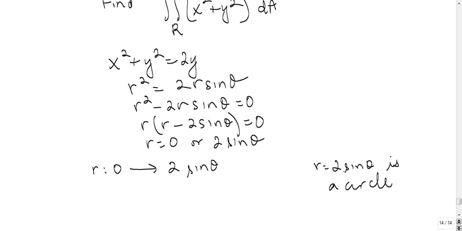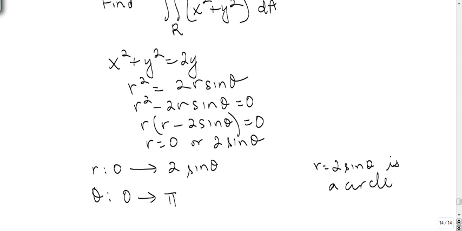What are the limits for theta for this circle? You assume it's 0 to 2 pi, right? But 0 to 2 pi goes around the circle twice. It's actually 0 to pi.